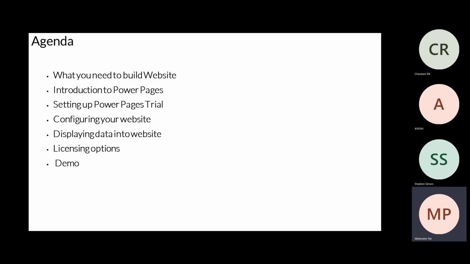Then we will start discussing Power Pages, and see how we can set up a quick trial for Power Pages and configure our website. Finally, we will see how we can render data to our website if we want to build a data-driven website. We will also discuss what licensing options are available for Power Pages. And then we will finally see the demo.